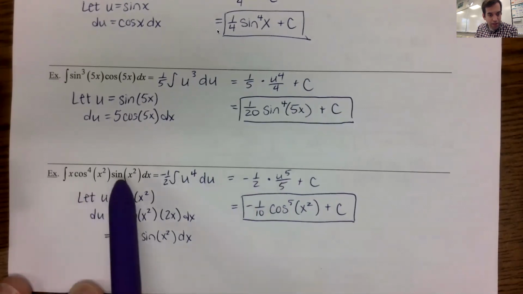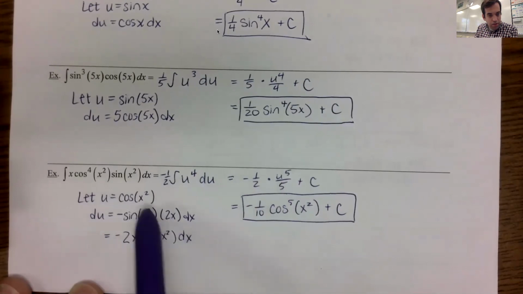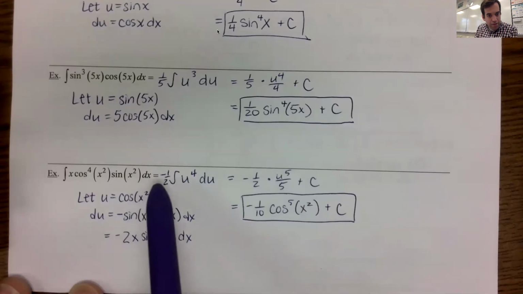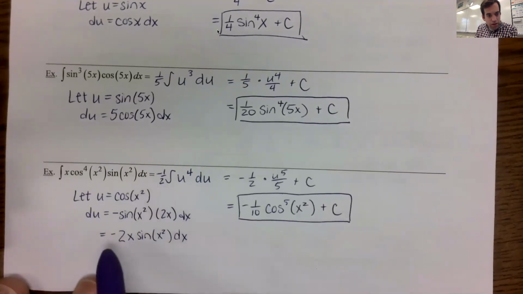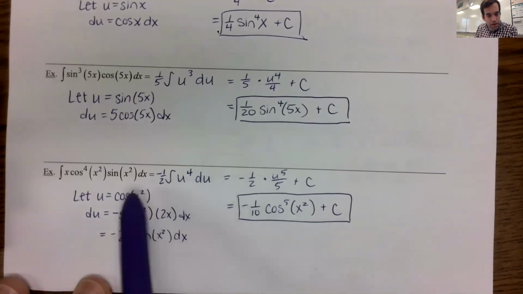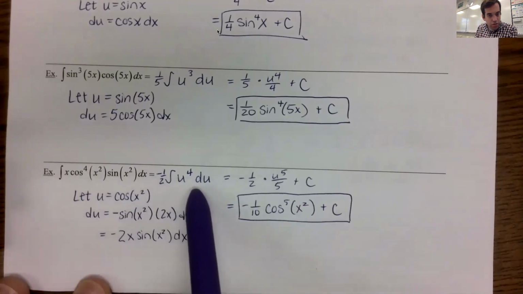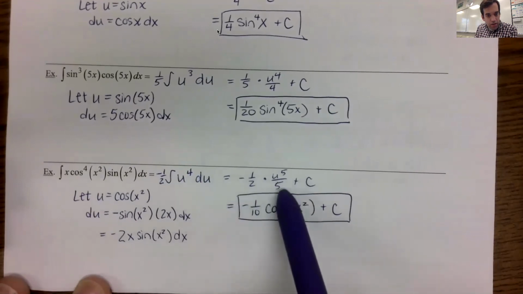It's a little bit more complicated, but let's check this. So sine of x squared is right here. The 2x, we had an x. So we still need a 2 and a negative. So that's why this negative 1/2 came into play in front of the integral here. And then everything else just turns into u to the 4th or cancels out and becomes part of the du. We actually do the integration, and then we plug the cosine of x squared back in.